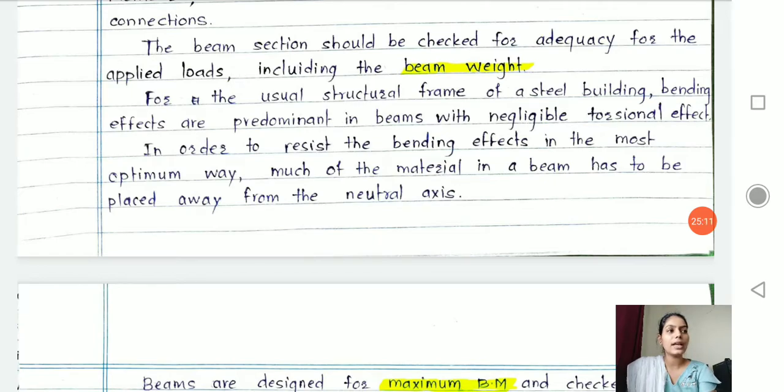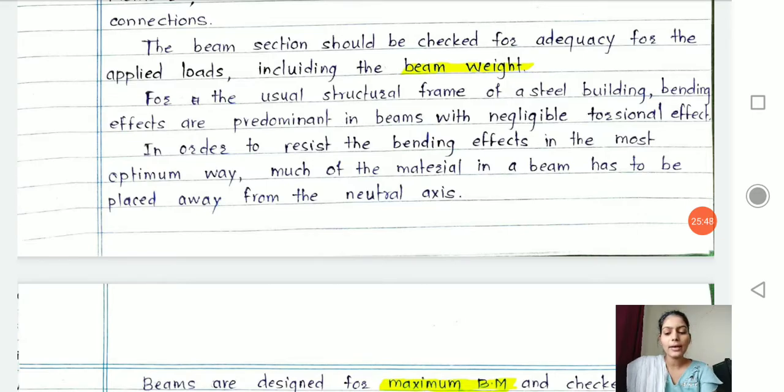Collapse mechanisms can happen due to bending, compression, tension, torsion, shear. All of these happen within one member, but the one which is predominant is taken care of by designing, and the rest of the mechanisms are checked for safety.